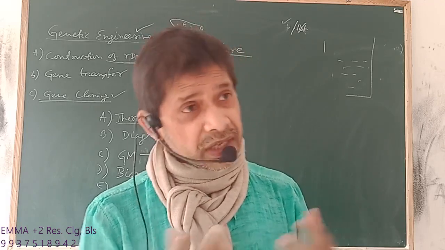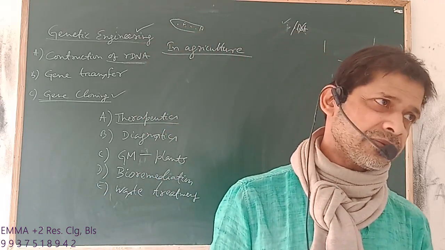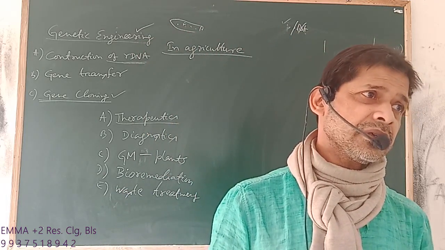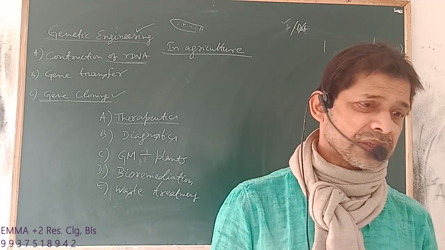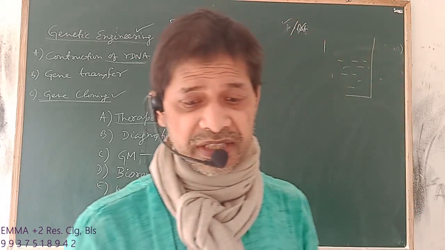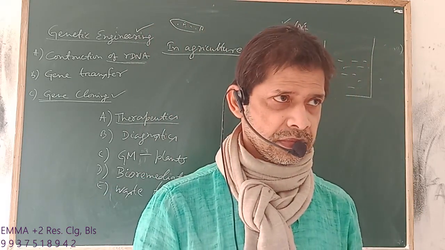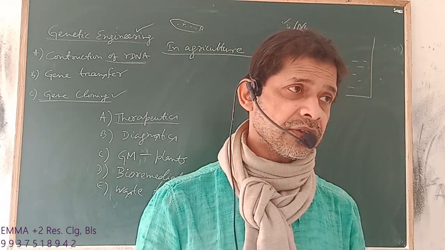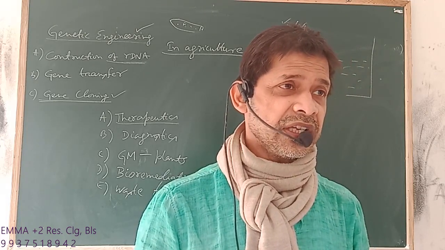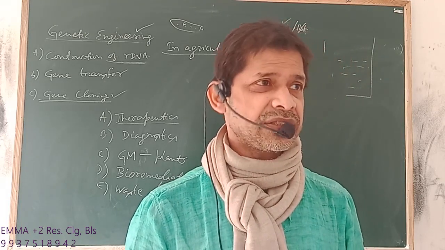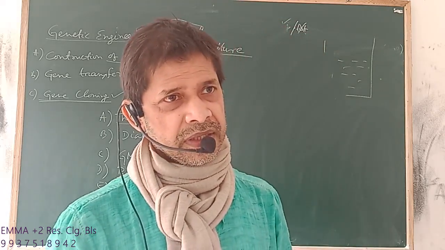Then organic farming also increases food but does not destroy our environment. The third type of agriculture is genetically engineered crop based agriculture. That means in that agriculture we will use genetically engineered plants or genetically modified plants.